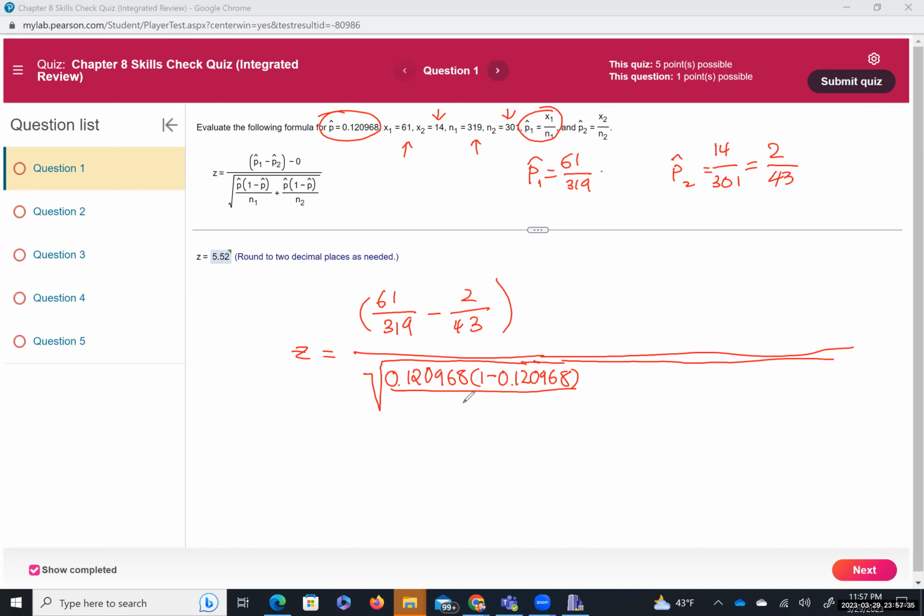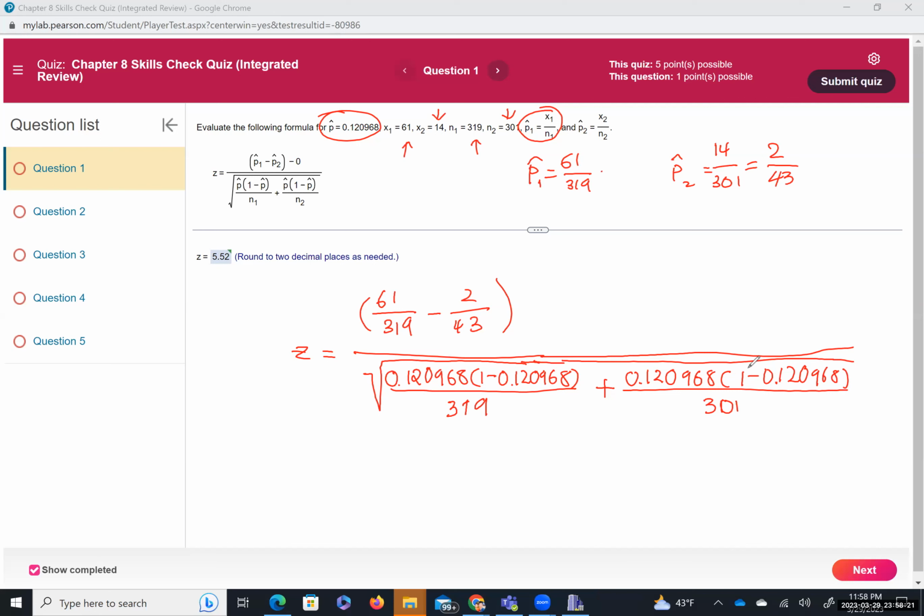Divided by n1, so 319. And then plus p hat. Oh, sorry. Let me write this up. p hat is 0.120968 and 1 minus 0.120968. Everything divided by 301. 301. All right.